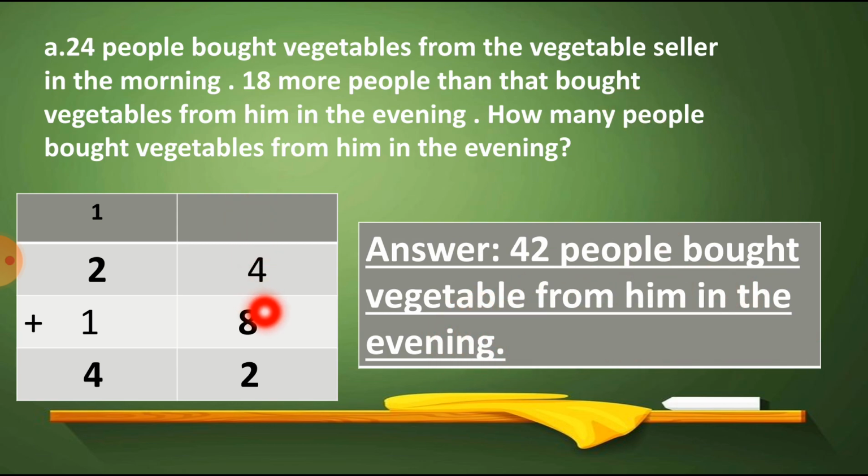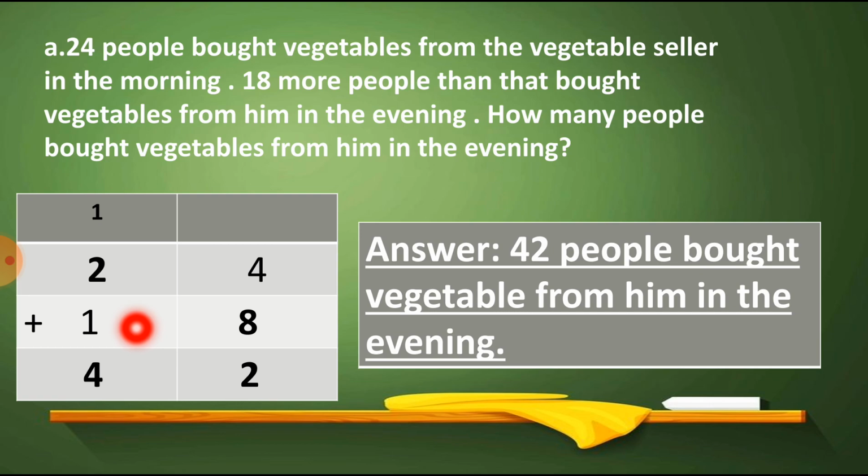I repeat this sum again so you will better understand. 24 people bought vegetables from the vegetable seller in the morning, so I write number 24 here. 18 more people than that bought vegetables from him in the evening. So here is the number 18.